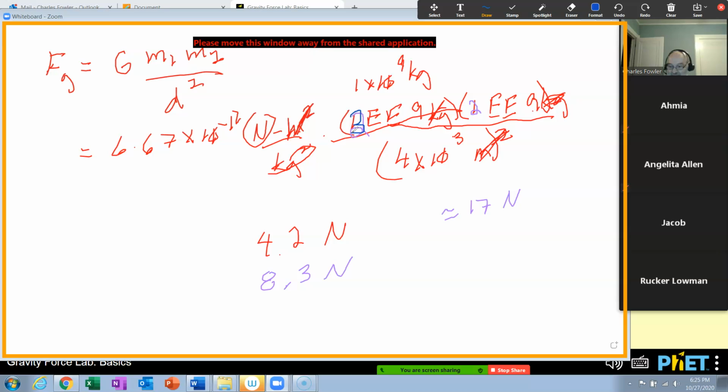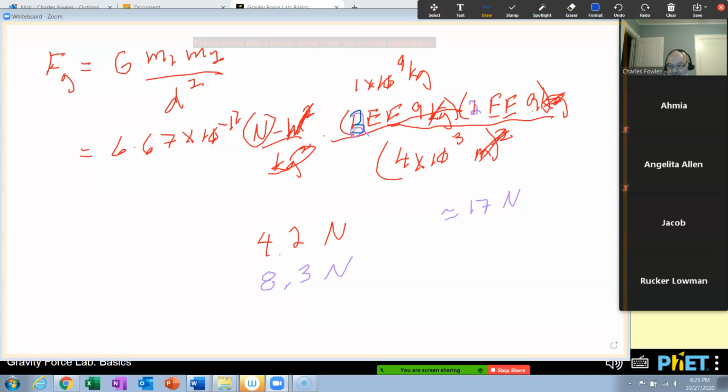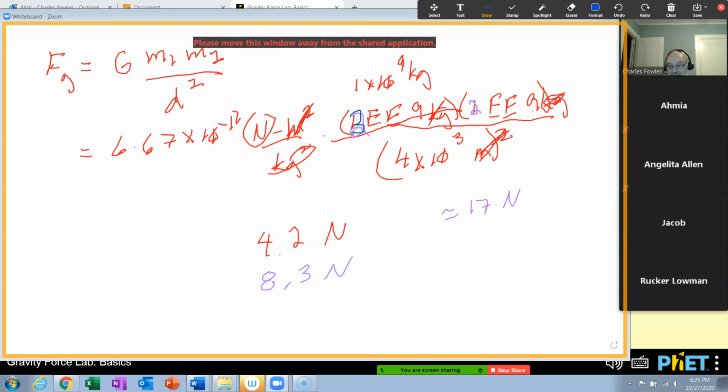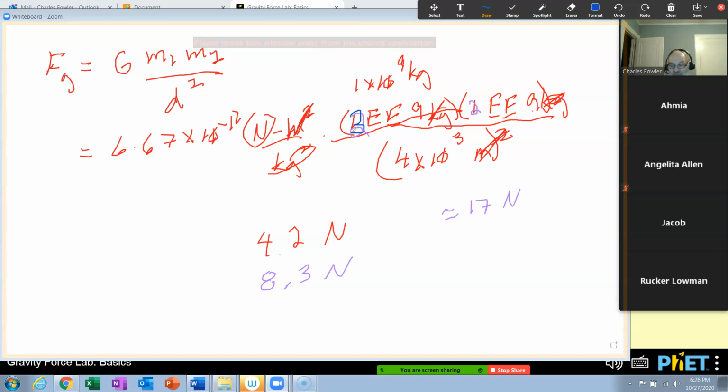Okay, so we'll go back to our calculator, and this gets to be pretty much old hat, doesn't it? Okay, clear the screen, and we've got 6.67 EE 11 negate, okay, times, this time it's 3 EE 9 times 2 EE 9 divided by, open that parentheses, 4 EE 3, close parentheses, square it, and press the equal sign.